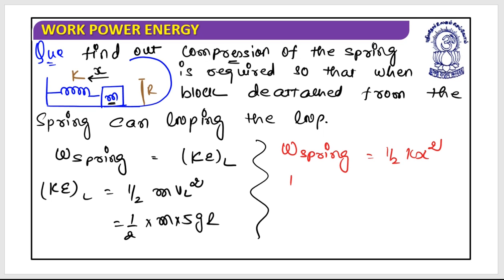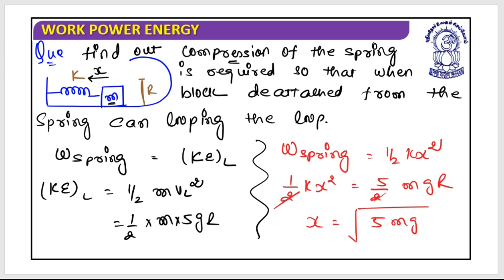So half kx square equals 5 by 2 mgr. If this 2 cancels, x should be root of 5mgr divided by k. Yes, this is the minimum compression required such that this block can loop the loop. I hope this is clear.